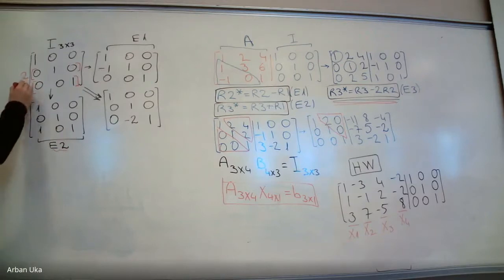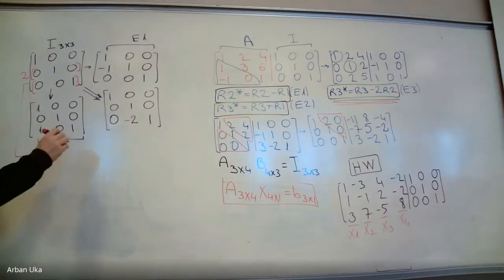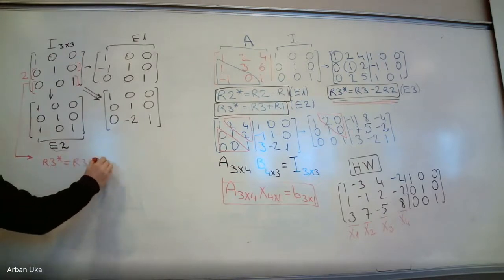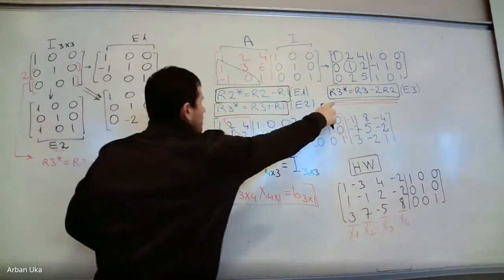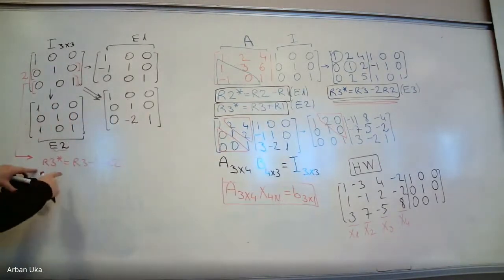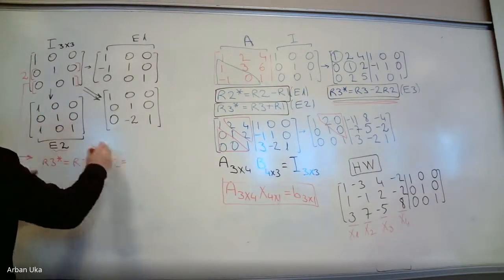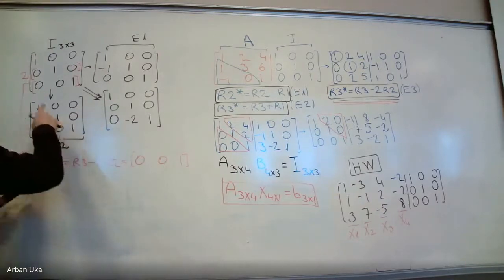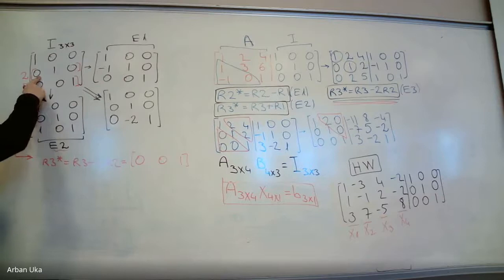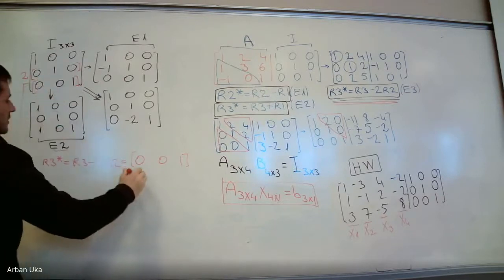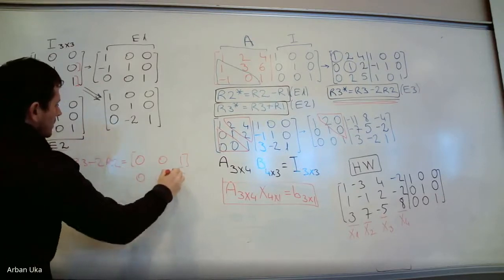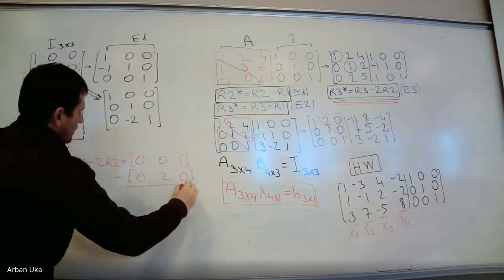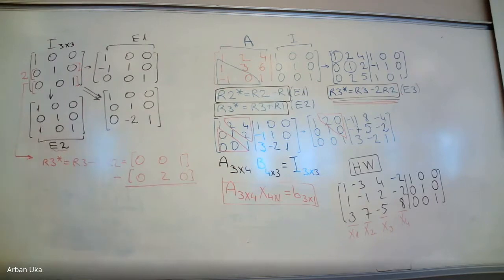So I'd like to confirm if this is clear. So let's check. This is row 3 star equal to row 3 minus 2 row 2. We are talking about this one, right? And then what is row 3? Row 3 is 0, 0, 1, right? And then minus 2 row 2. What is 2 row 2? Is it 0, 2, 0? Would you agree here?